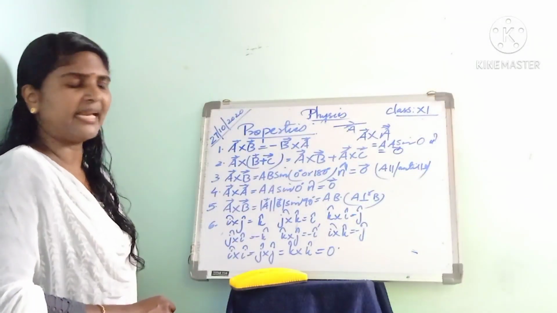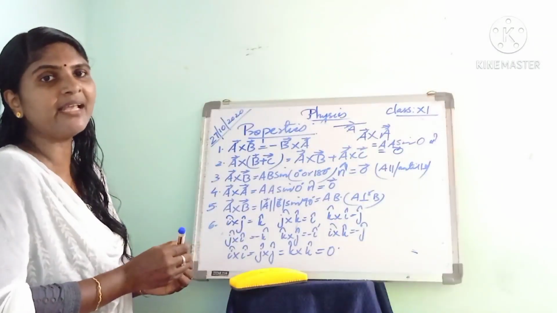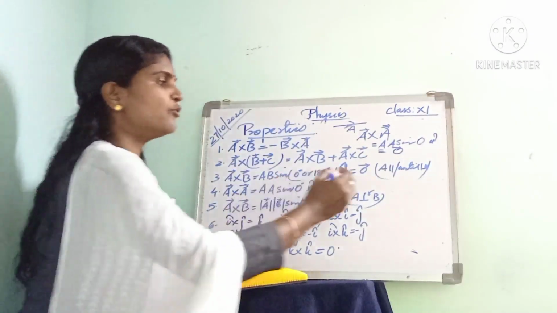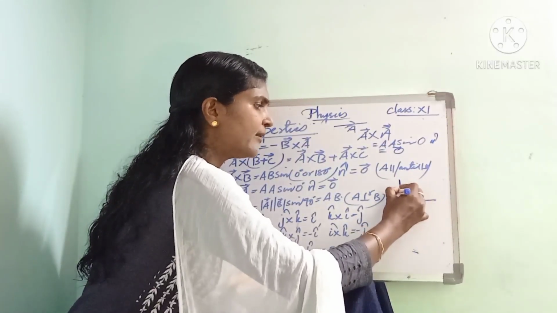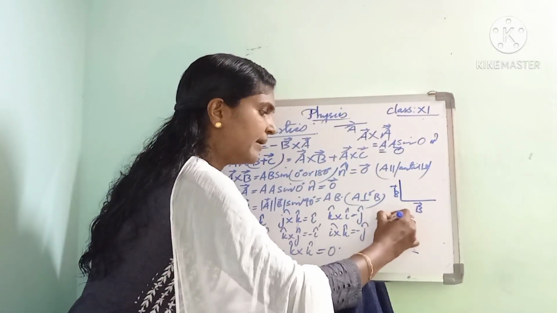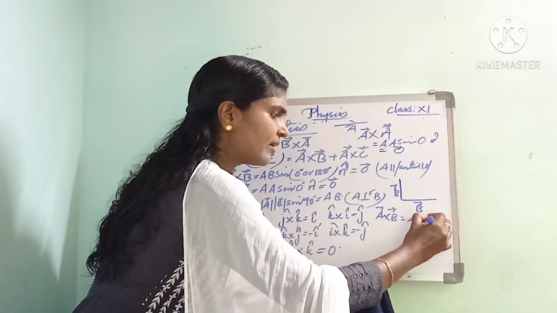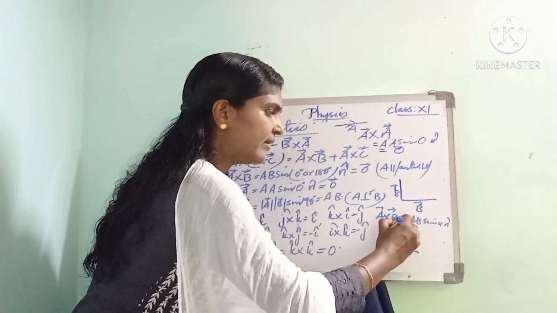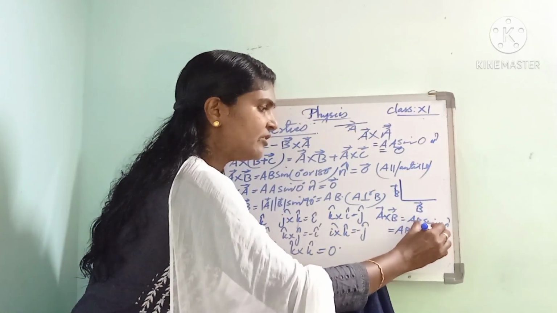Isn't it? Next, suppose the two vectors are perpendicular to each other, then what is the cross product? Suppose we have two vectors A and B. These are perpendicular. Then A cross B is equal to AB sin theta into n cap. Here it is AB sin 90 into n cap.